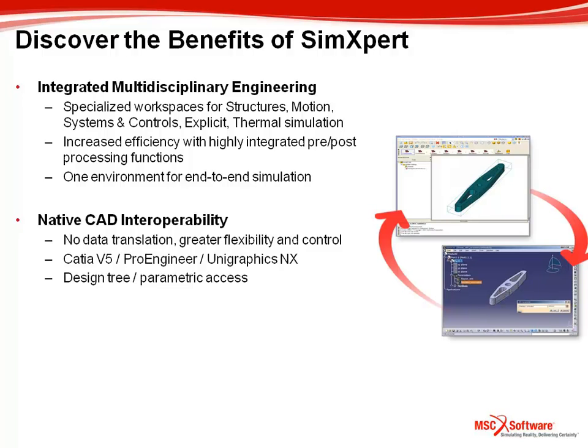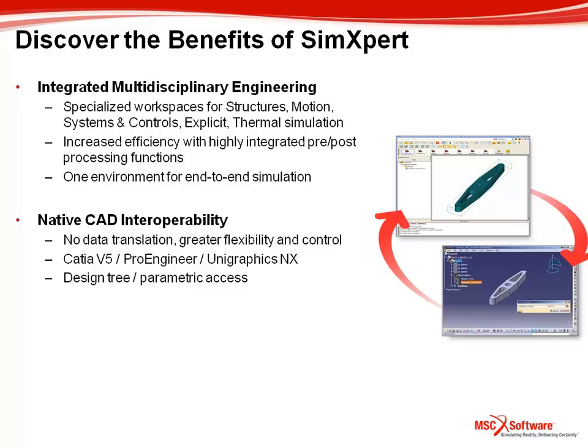Native CAD interop. What this means is you can directly import CAD geometries from the leading CAD solutions like CATIA V5, Pro Engineer, and Unigraphics, and there is no data translation involved. So you get all the design trees and parametric access that you have from your CAD environment right within SimXpert.